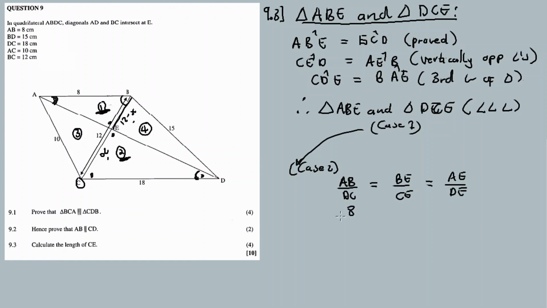AB is 8 over DC, 18, BE is 12 minus x. Now BE over CE, which is x, equal to AE. Okay, now AE, I don't have a value for AE. DE I also don't have, right? So it means that you take this pair and solve for x.